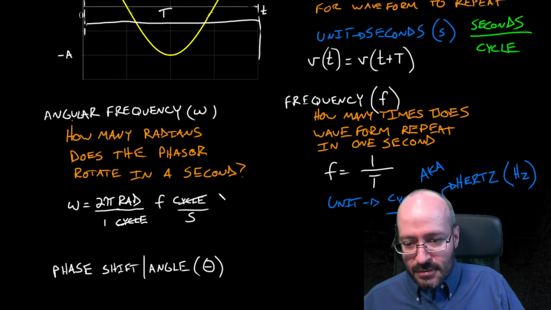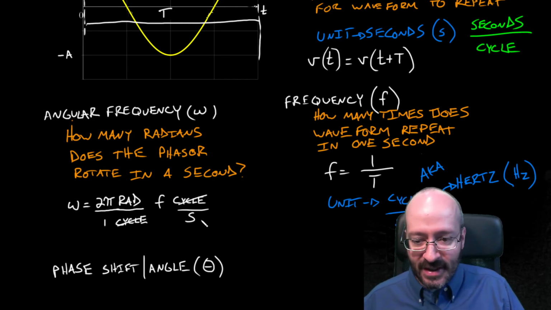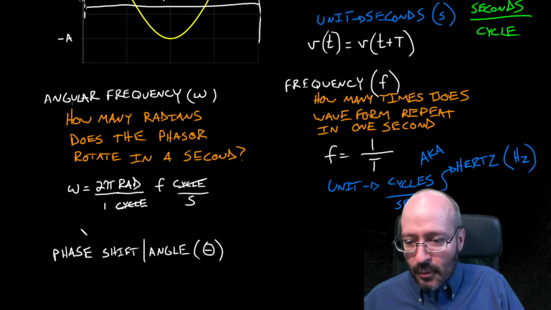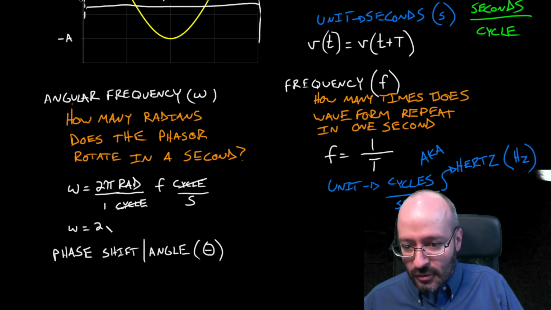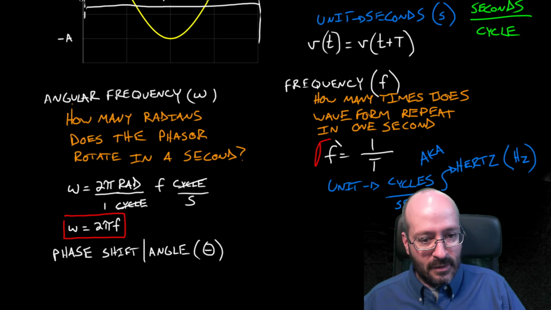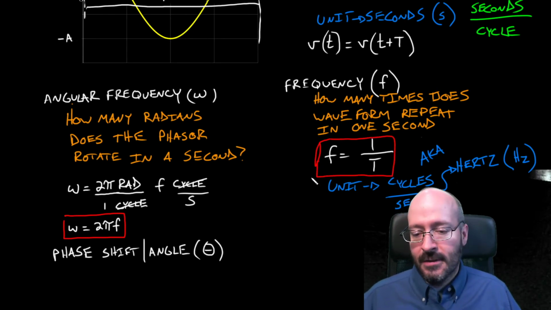Okay, so we get radians per second, and that's the unit of angular frequency. So if I'm going to write that more compactly, we're going to say omega is 2 pi f. It's just a different way to describe what's going on. So that's a good one to walk away with. So is that. Okay, since you're going to have to do these conversions.